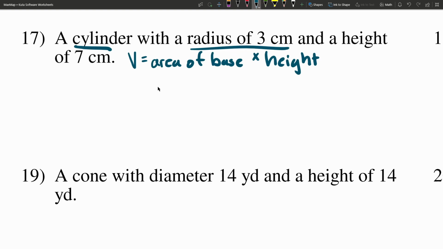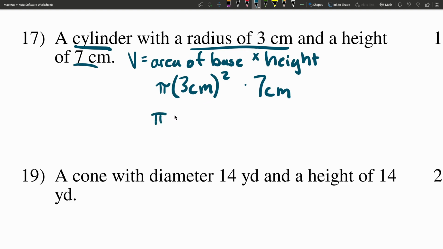Area of the base is pi r squared, so that's pi times 3 centimeters squared. That's the area of our circle, which is our base, and we multiply all that by our height, which is also given as 7 centimeters. 3 centimeters squared is 3 centimeters times 3 centimeters, which is 9, with a label of centimeters squared.